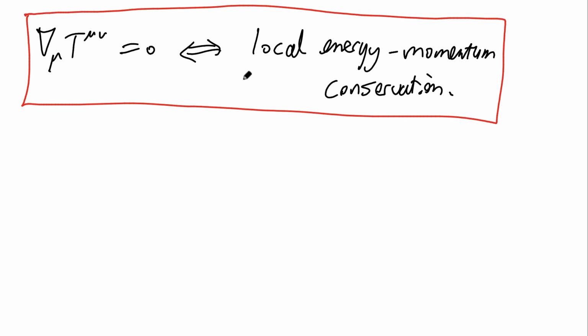And you're probably wondering, why aren't energy and momentum conserved globally? Why this restriction to just local approximate energy-momentum conservation? The reason is that in general relativity, the gravitational field can carry energy and momentum. So the energy and momentum of the matter fields, the non-gravitational fields by themselves, should not be conserved, but they're approximately conserved over a spacetime region that's sufficiently small for there to be a negligible exchange of energy or momentum between the matter fields and the gravitational field.